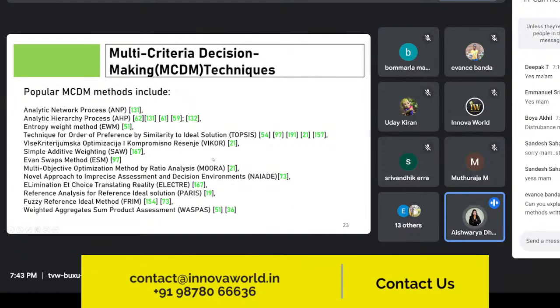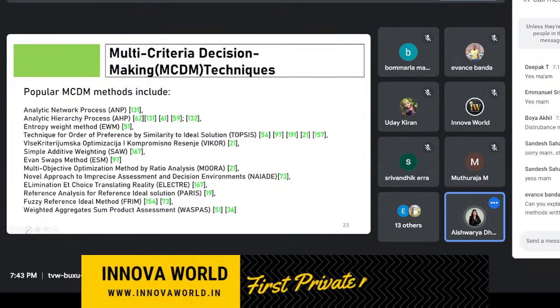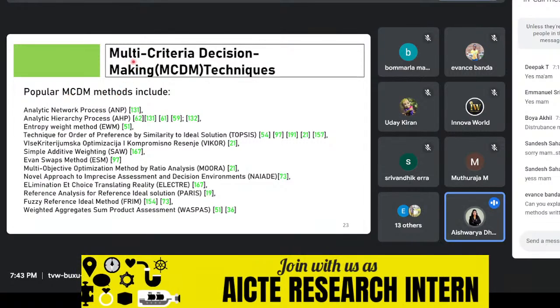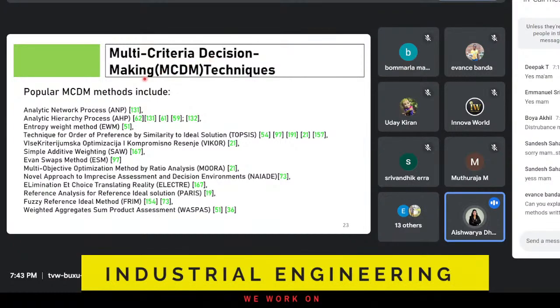This is a very important technique, a very popular MCDM technique. Now, what is the MCDM technique? It is multi-criteria decision making. So what is decision making here?